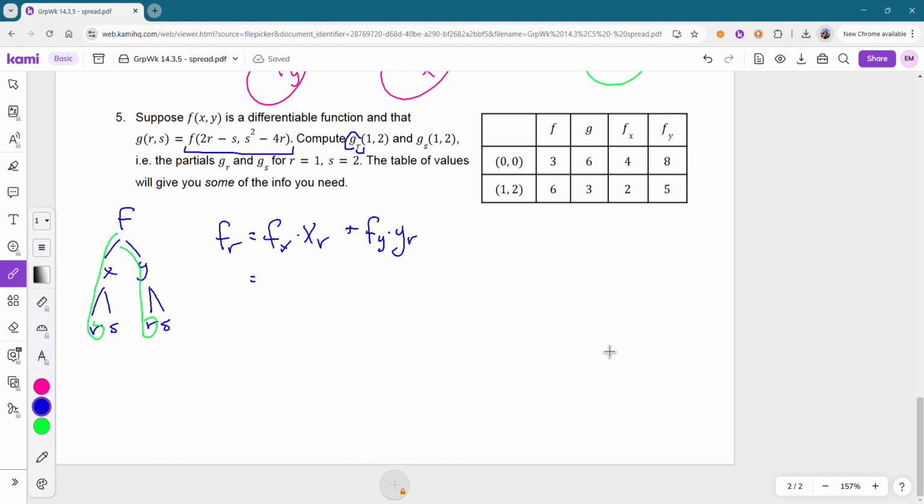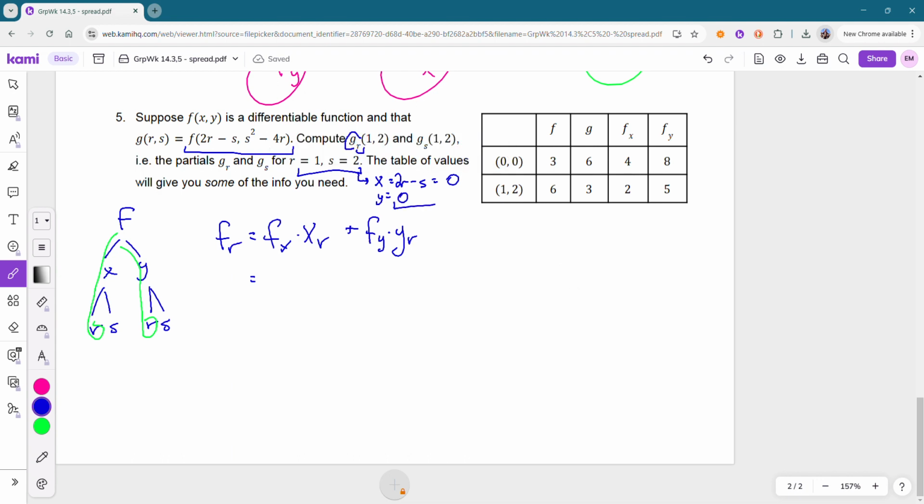We have r equal to 1 and s equal to 2, and if we use our formulas, we can figure out what's going on. x is going to be 2r minus s, which is 2 times 1 minus 2, so that's 0. And y is going to be s squared minus 4r, so that is 2 squared minus 4 times 1, and so that is 0.